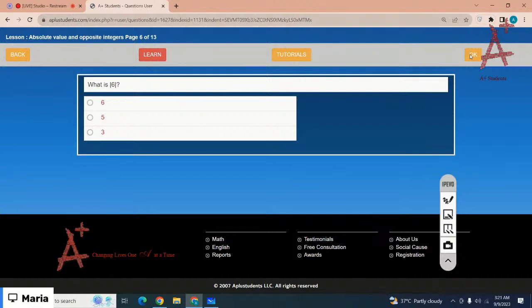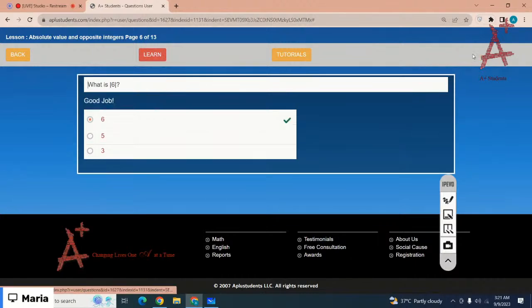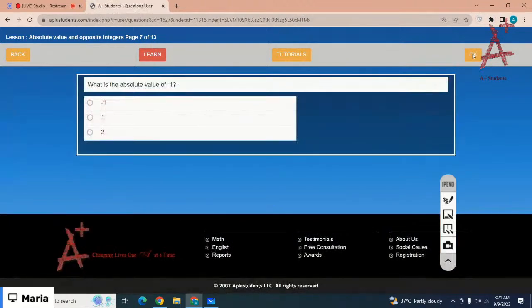So it would be a positive number. Okay, what is the absolute value of negative 1? That would be positive 1.